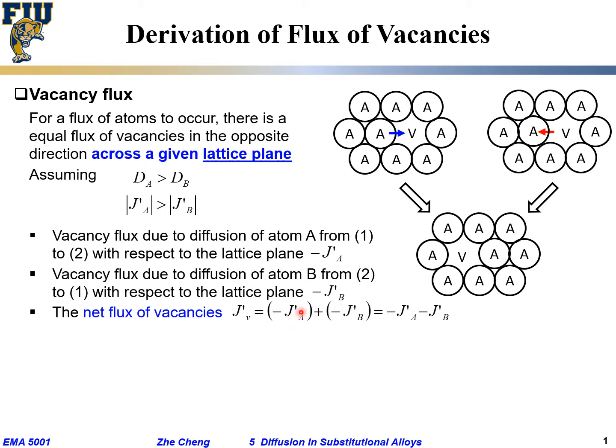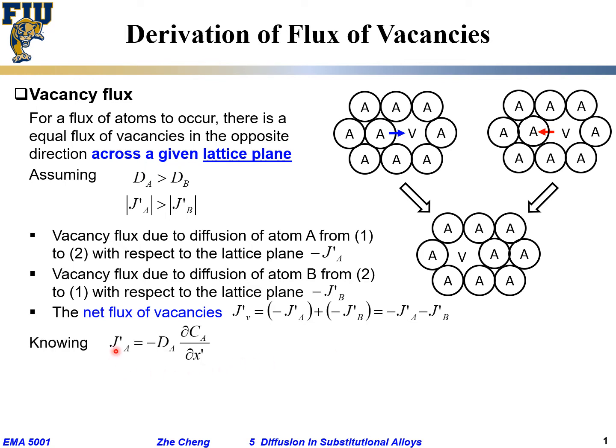Again, JA prime is for what? Flux of A atom with respect to the moving interface. JB prime is the flux of B atom with respect to the moving interface. But I negative, these two are for the opposite vacancy motion. And since both are for vacancy motion, I can add them up together. The total net vacancy would be this. Okay?